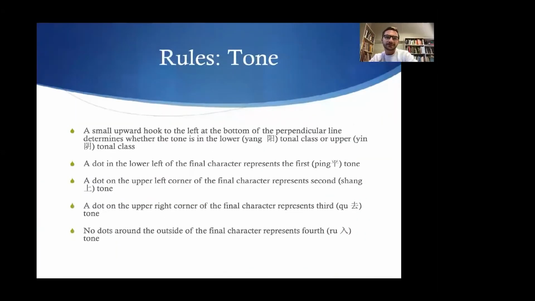A small upward hook at the bottom of the perpendicular line determines whether the tone is in the lower tonal class or in the upper tonal class. And then a dot in the lower left of the final character represents the first tone. In the upper left corner, it represents the second tone, and in the upper right corner, the third tone, and if there's no dot, the fourth tone. And then you can see how you can easily get up to 8 depending on whether you have the hook at the bottom or not.